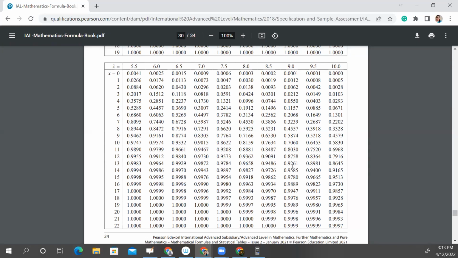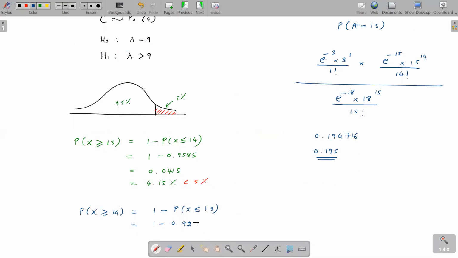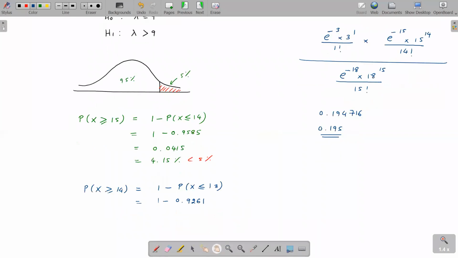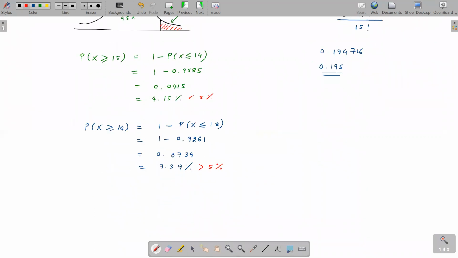Can you see? When you subtract, what do we get? 0.073, which is 7.39%, which is what? Definitely greater than 5%. It exceeds, and it is definitely what? Inside or outside the critical region? It's outside. Then what's your critical region?